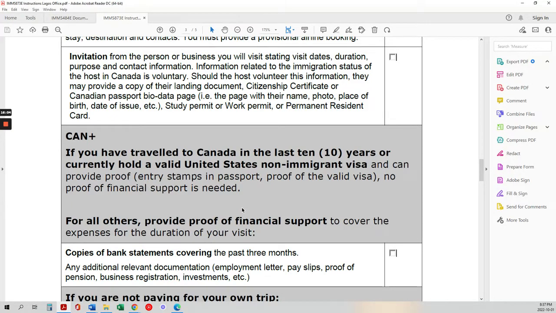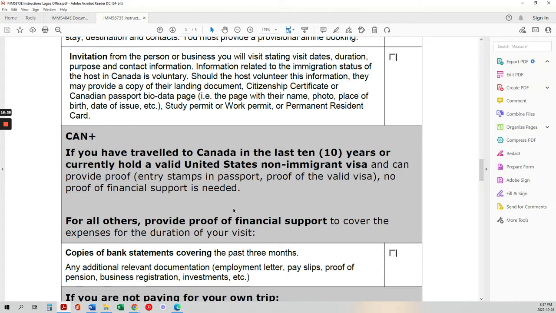For all others, provide proof of financial support to cover the expenses for the duration of your visit. So yeah, if you have a U.S. visa and it's valid still, you don't need to provide the proof of financial support. So that is definitely something to consider.